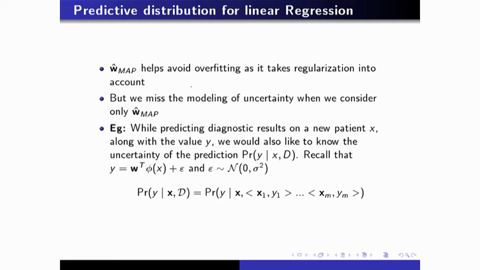Okay, so what is the form of this predictive distribution for linear regression? So what we do is we look at probability of y given the query point x and the entire data set at once. And recapping from the previous slide, this will involve the integral over w of probability of y given x comma data comma w into probability of w given data.